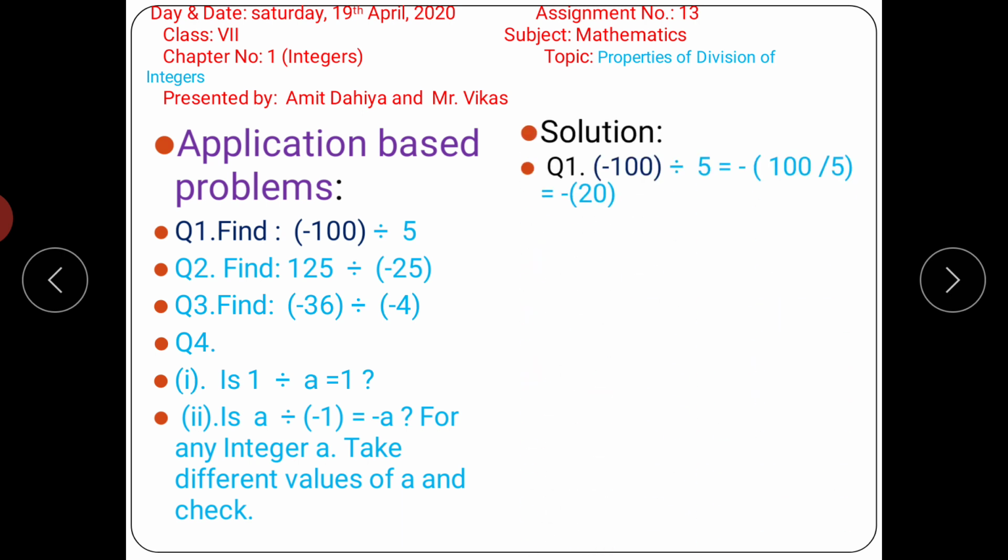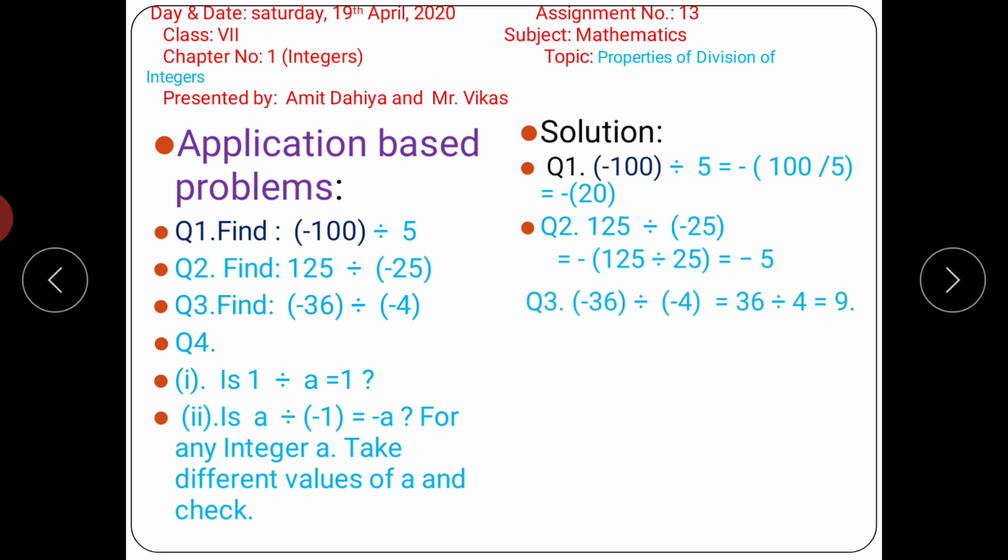First, 100 divided by 5 is 20, so the answer is minus 20. Second question, 125 divided by minus 25: put a minus sign in front of the quotient. So 125 divided by 25 gives 5, and the answer is minus 5. Third, minus 36 divided by minus 4: the minuses cancel out, and 36 divided by 4 is 9.